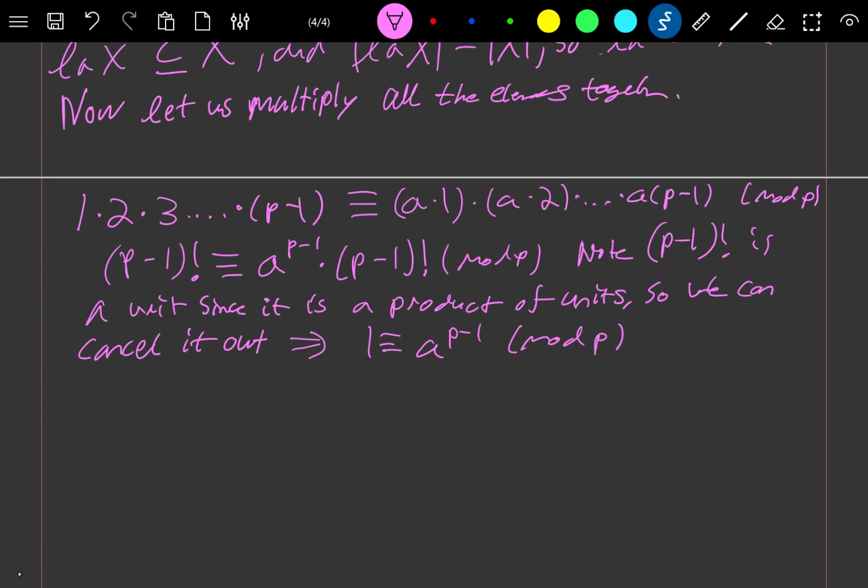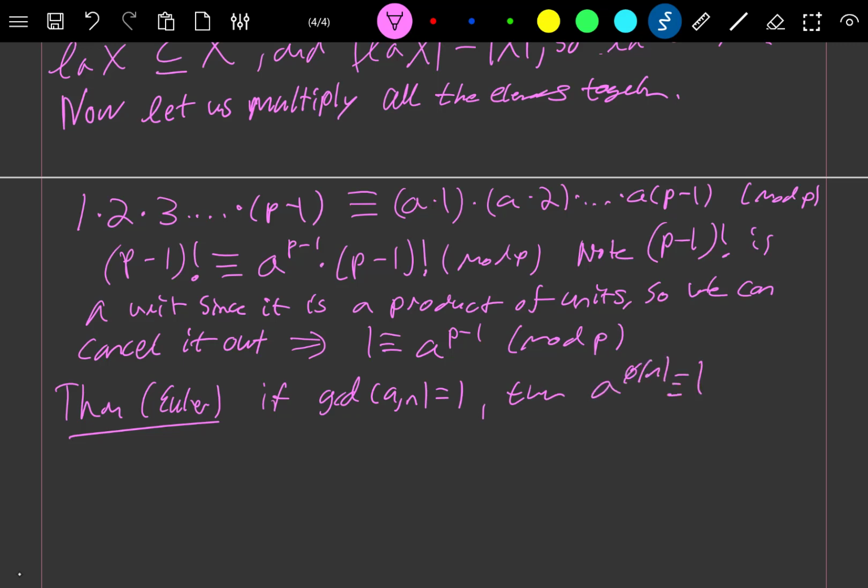So now we can do the generalized version, which is due to Euler. And you'll notice that the theorem looks exactly the same. So if GCD of a and n is equal to 1, then a to the phi of n is equivalent to 1 modulo n.